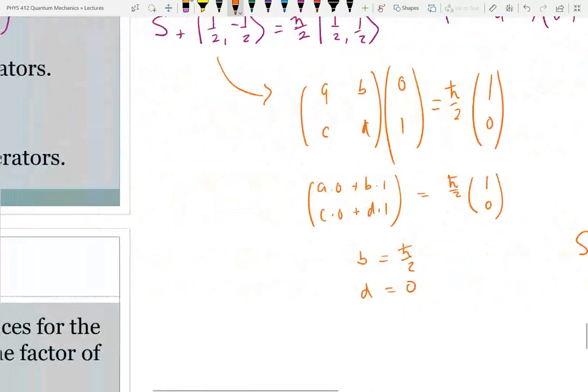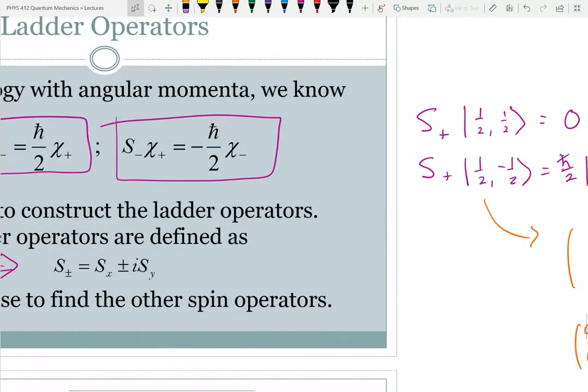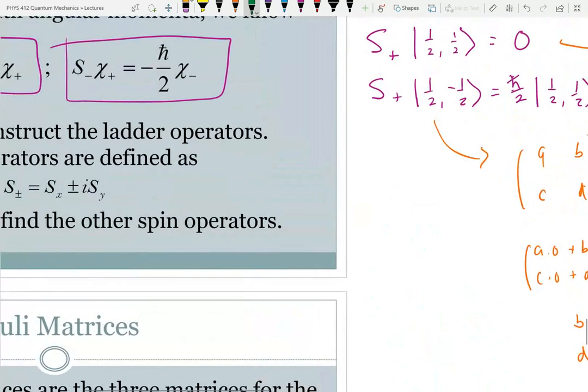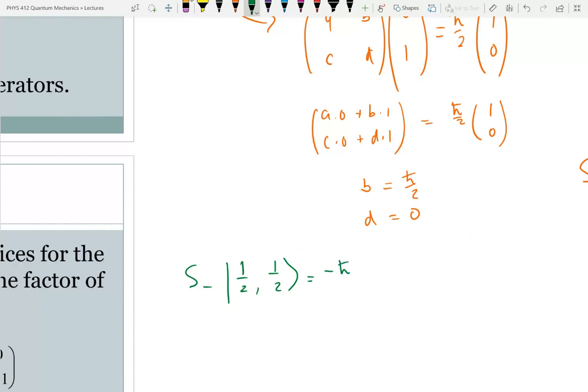And then for my lowering operator, I have this equation here. And that's got the minus sign, right? Yeah. And using the same logic that Indy used before, if I use the lowering operator on the lower spin state, it gives me 0.